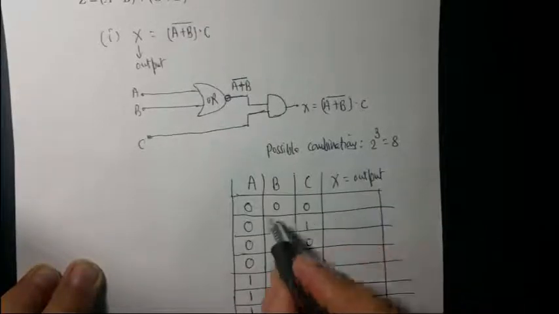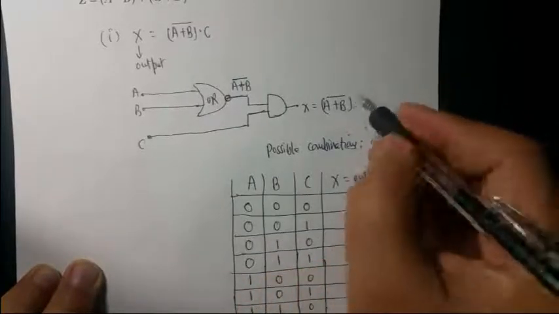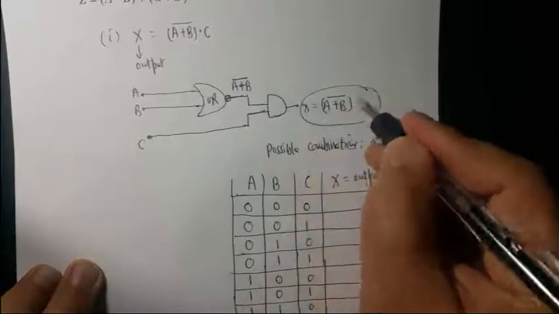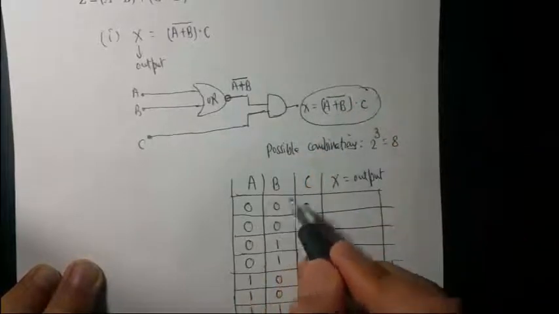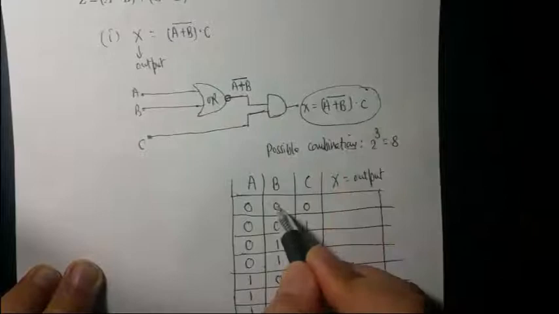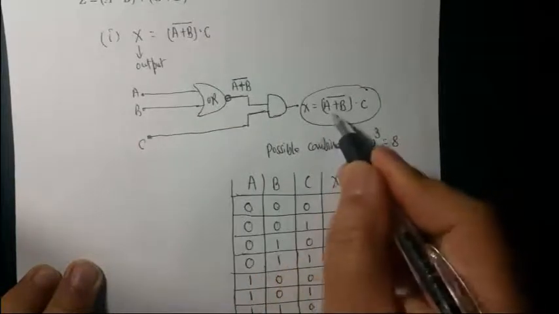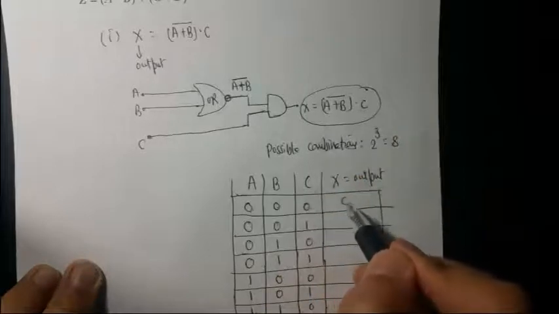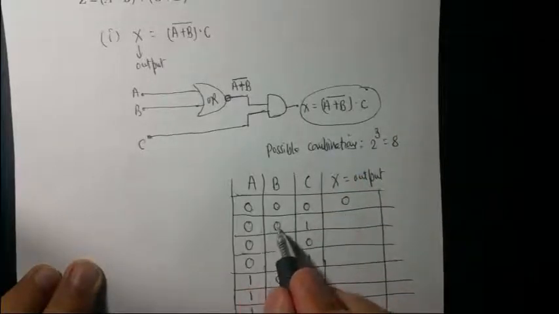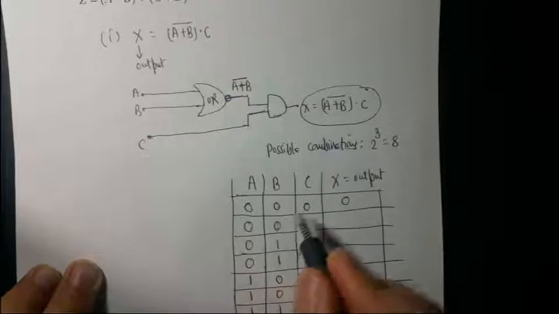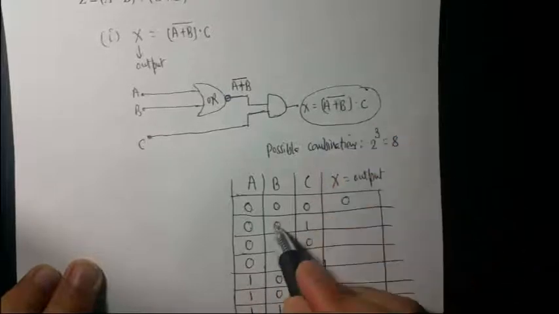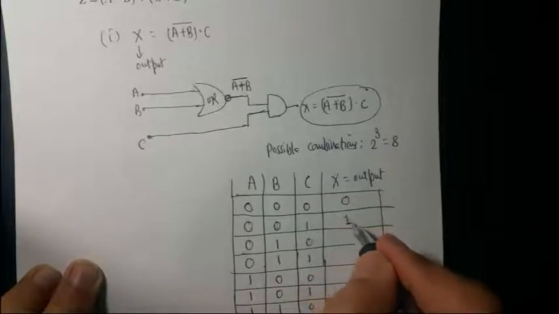So for 0 0 0, this is your output based on that. A plus B inversion: A plus B is 0 plus 0, which gives you 0, inversion of that is 1, times 0 is 0. Again, for 0 0 1, complement gives you 1, 1 times 1 is 1.